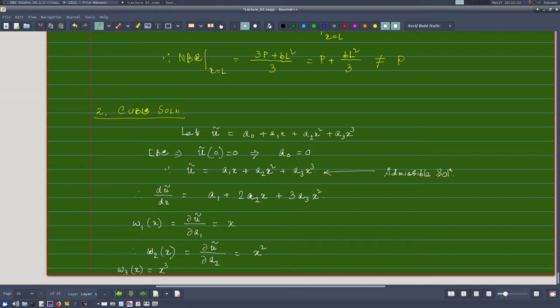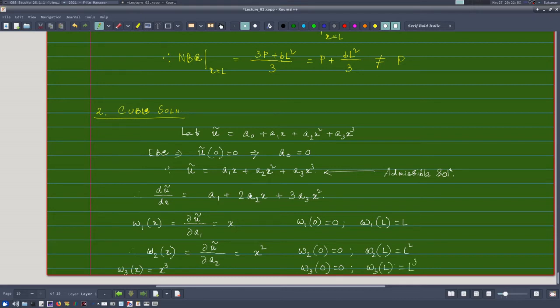Now we will write down the values of these weight functions at x equal to 0 and x equal to L. So W1 at 0 is 0 and W1 at L is L. Similarly, W2 at 0 is 0 and W2 at L is L square, and W3 at 0 is 0 and W3 at x equal to L is L cube.